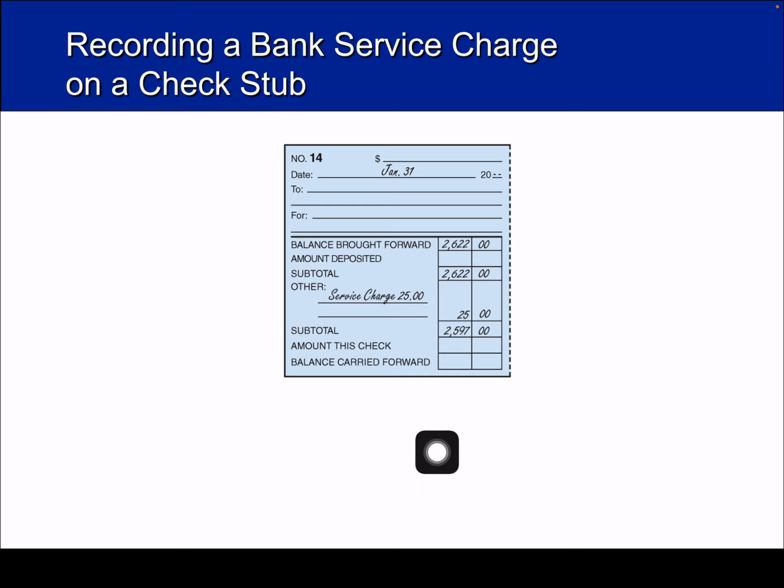You will go into bringing your balance forward. This is where you would put your service charge of $25. You will take your subtotal minus your service charge and come up with a new subtotal. And then you would leave your check stub just like this until you write out your check.